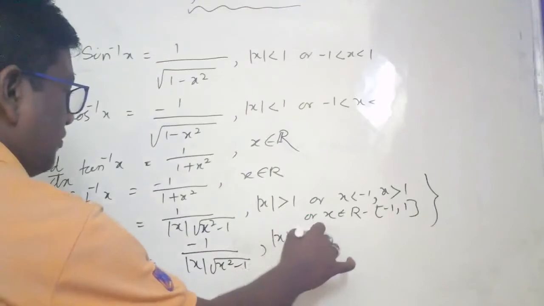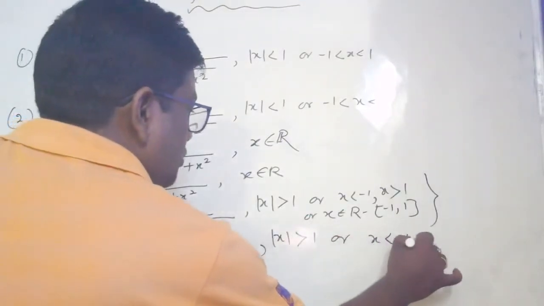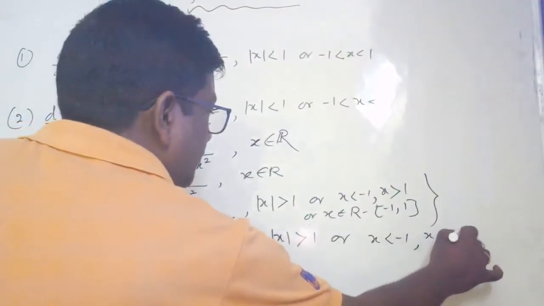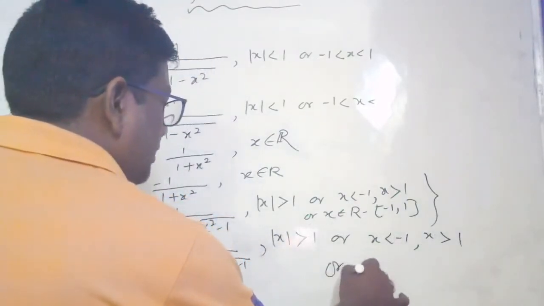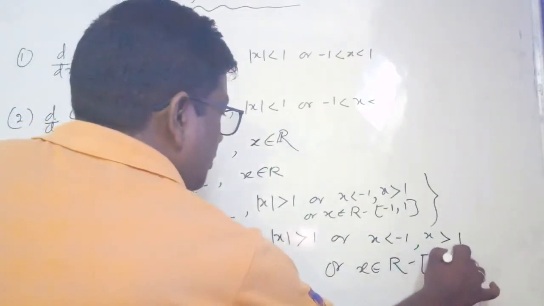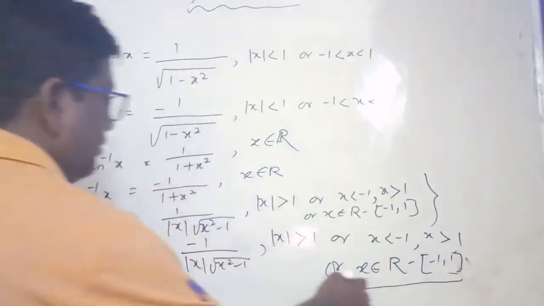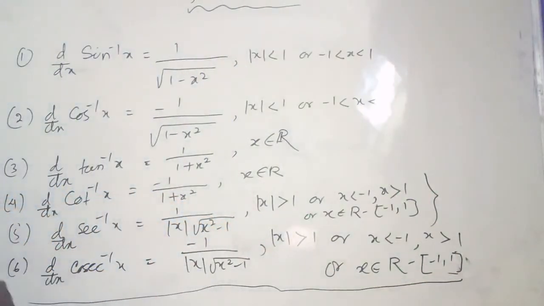Mod x greater than 1, same thing, or we can say x less than minus 1, x greater than 1, or we can say x belongs to R minus minus 1 to 1. These are the standard formulae of inverse trigonometric functions.